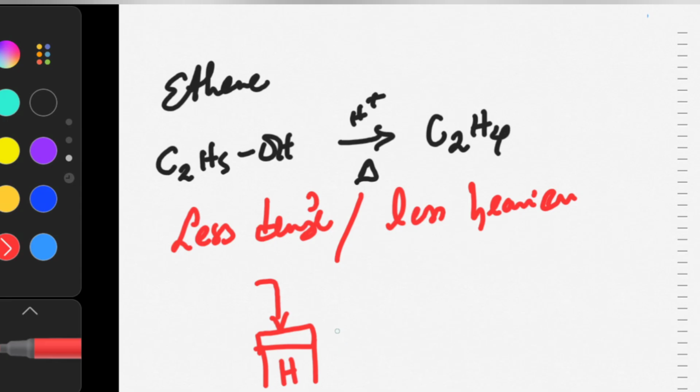If this is water, ethene gas will be residing here. We collect it by downward displacement. Don't forget, it is less dense and less heavy. So that is basically it.